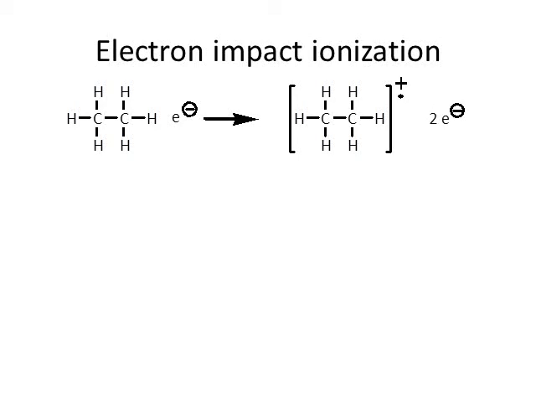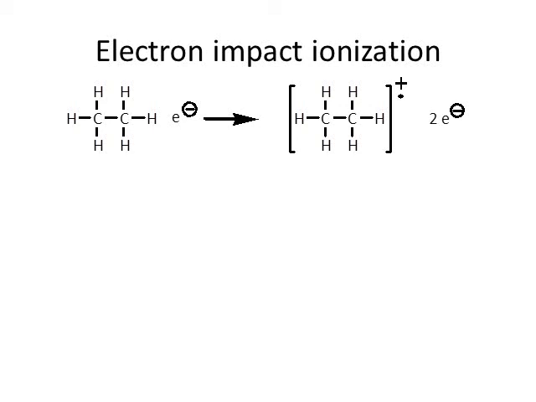Some of those are particularly important for large biomolecules, for instance, like proteins. But we're going to look at EI, electron impact, which is probably the most commonly used one for small organic molecules.